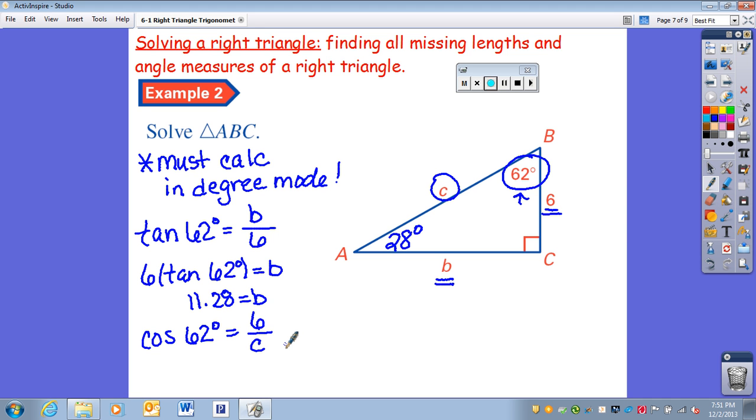So what we would do is simply multiply both sides by c and then divide by cosine of 62 in order to get the c by itself. So we have c equaling 6 divided by the cosine of 62 degrees. So using your calculator, we can find that the measurement for side C is 12.78, rounding to the nearest hundredths.